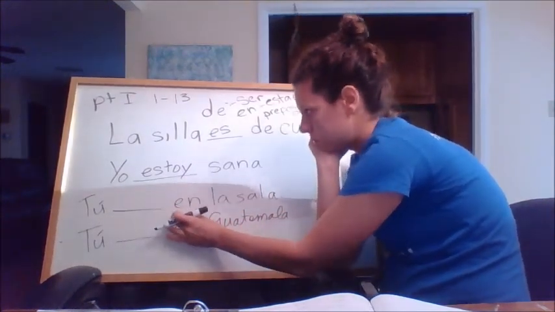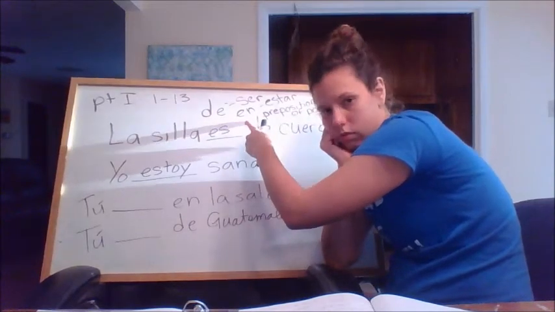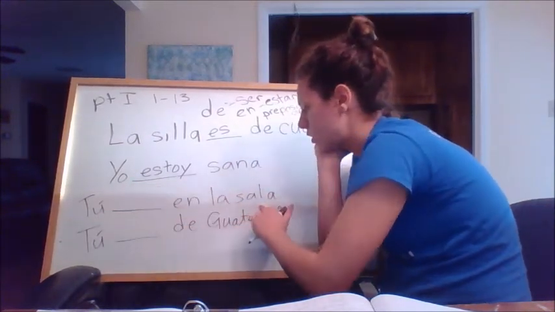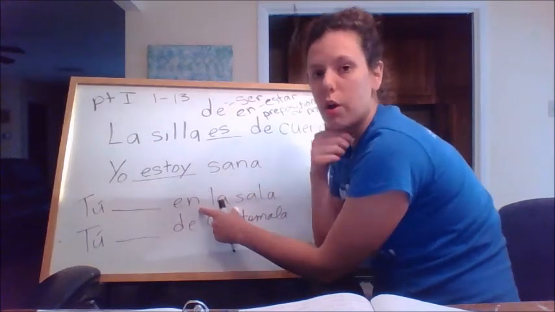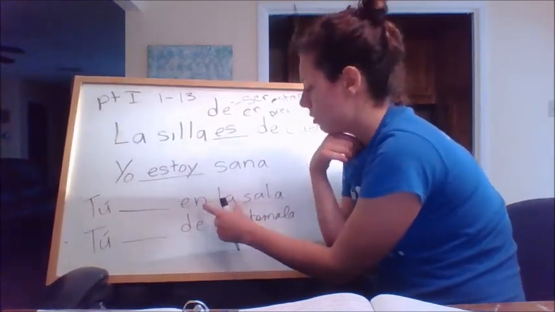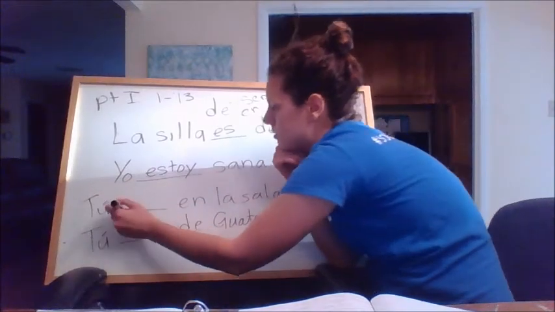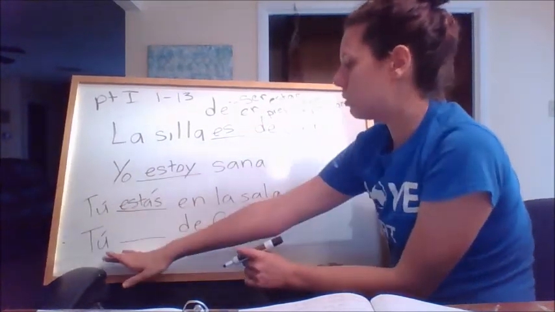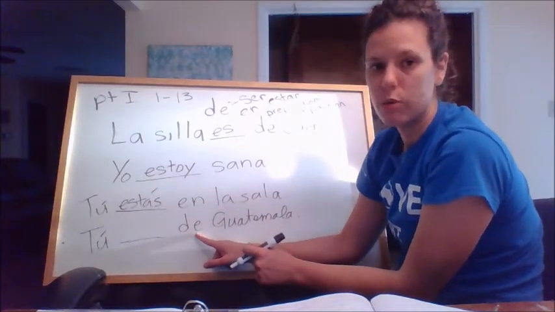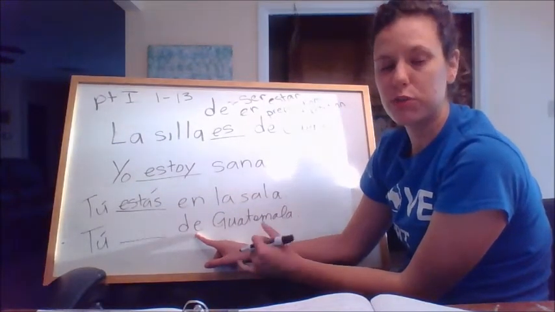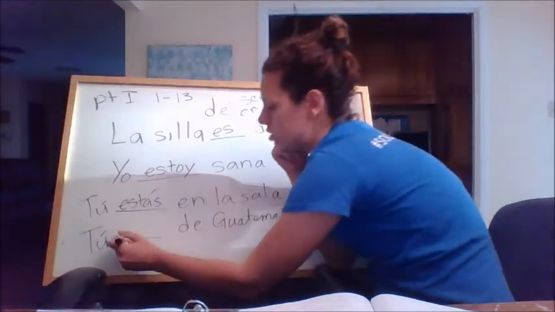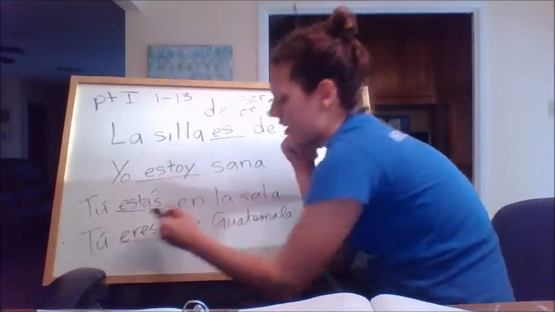In is location. This is living room. You are in the living room. This is a condition right now. So it's a location. So this has to be estás. This one is de, which is telling an origin. It means you're from somewhere. And that is going to use ser. So this is tú eres.